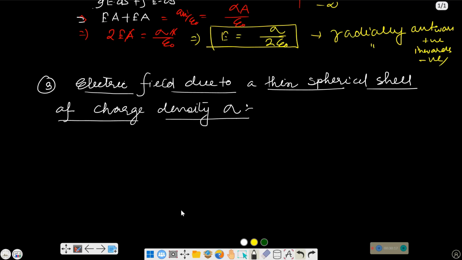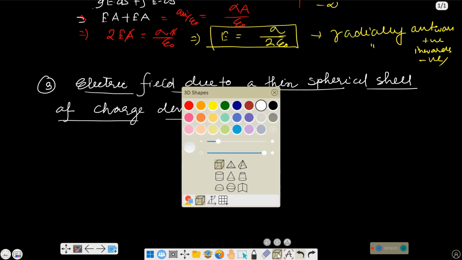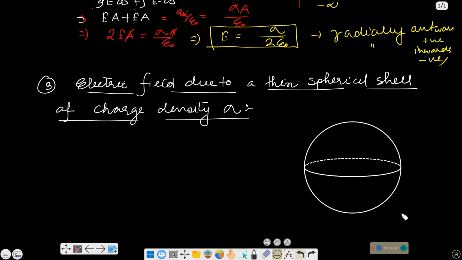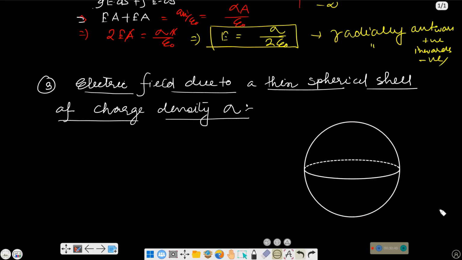So let me draw one thin spherical shell.